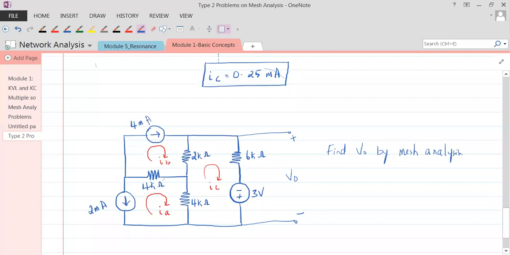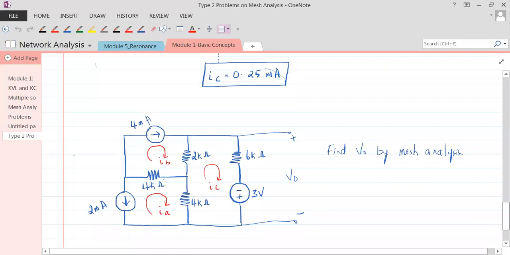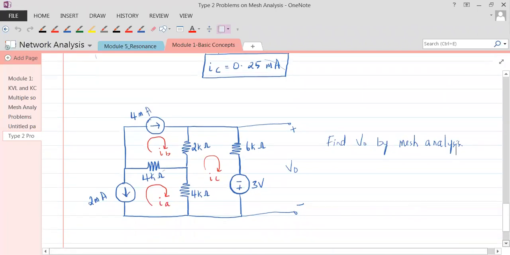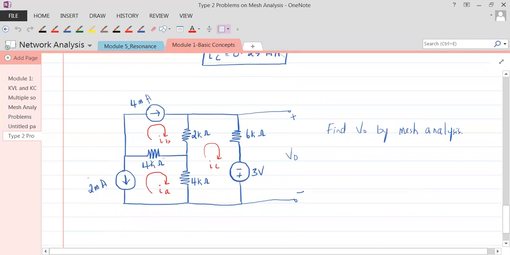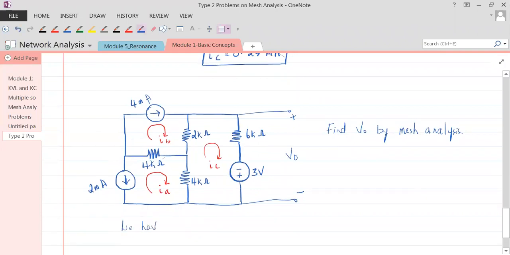So we already have found out the mesh currents. What are the mesh currents? We have already found IA, that is minus 2 milliamps.